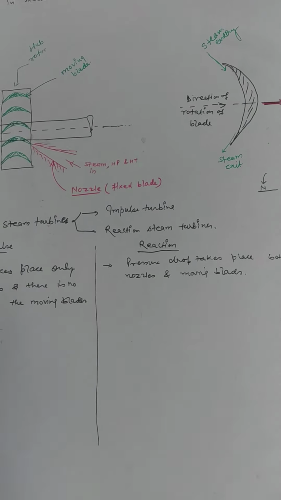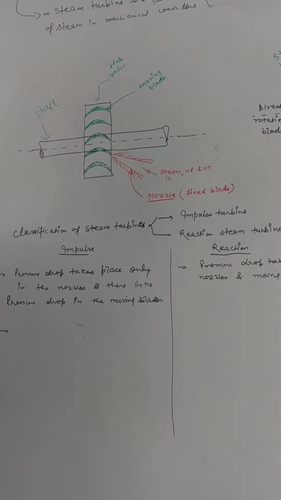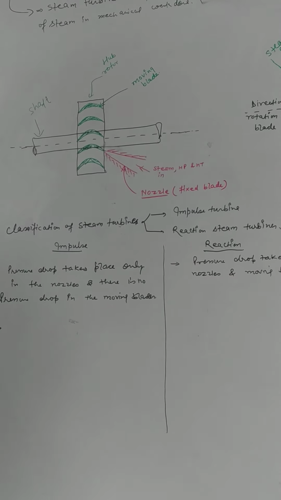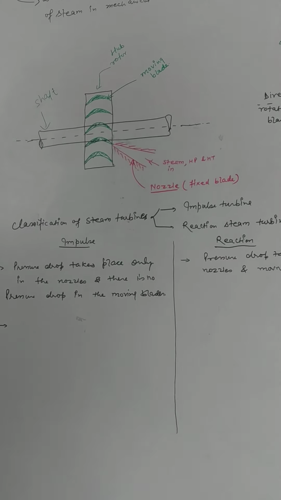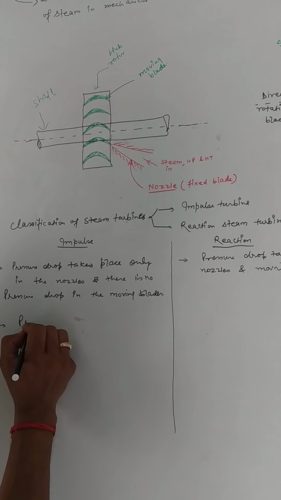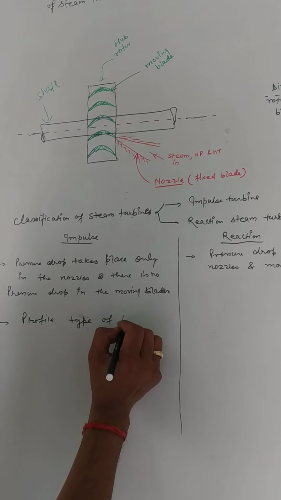Another difference is that in the case of the impulse turbine, there are simple blades, that means profile type blades.